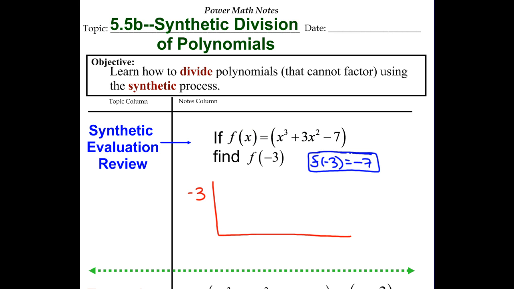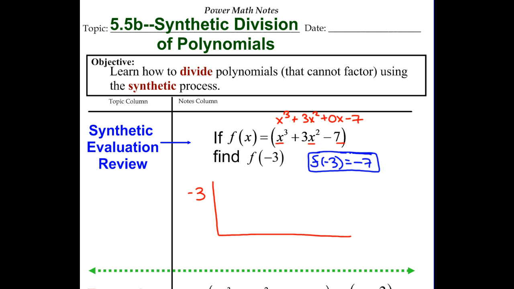Now you have to make sure that your variables are in order from highest degree to lowest degree. So x cubed, x squared, nothing, no variable on it. So I'm going to rewrite this as x cubed plus 3x squared, and I need to get that x in there. So what would my x be? Well, it would be 0x, and then I have minus 7.